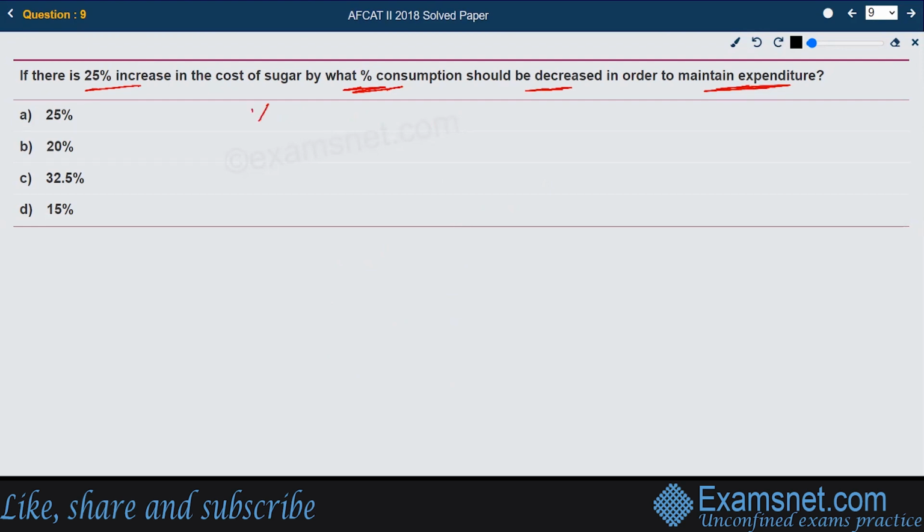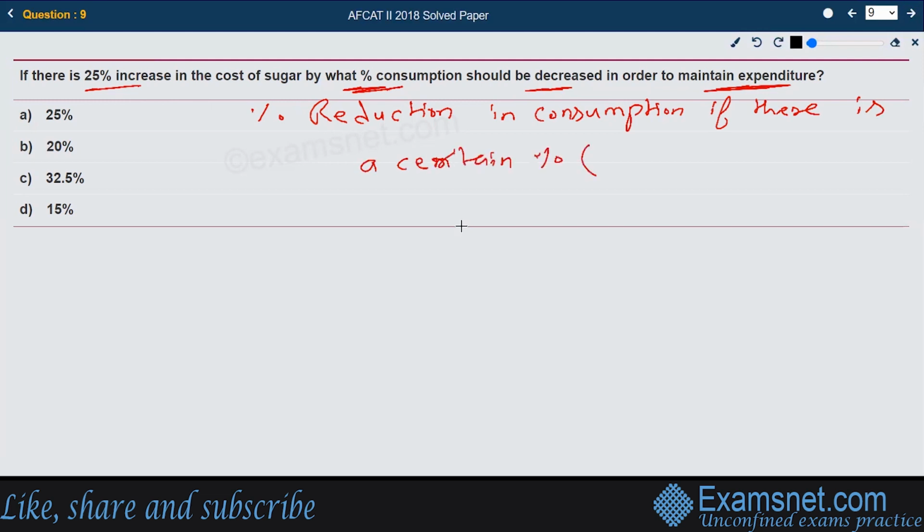We have a formula when we deal with percentage reduction in consumption, if a certain percentage increase, let me say R percent increase, has occurred. We are looking for a formula which gives us how much consumption should be reduced so that the increase in the price can be offset.